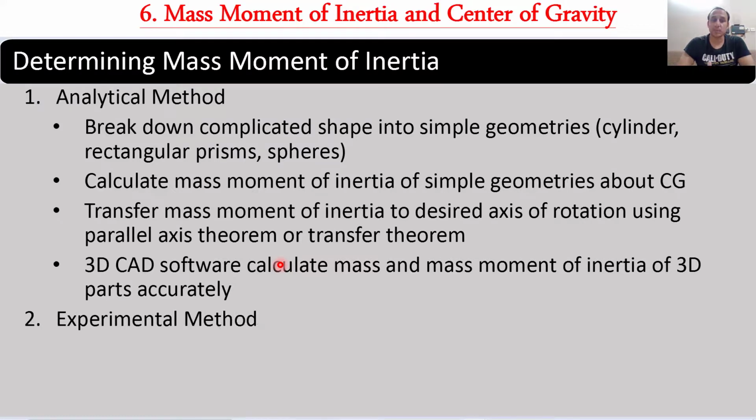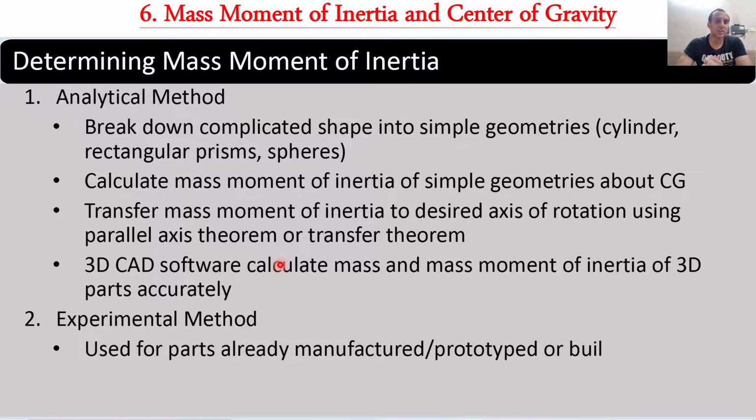There is another method, which is the experimental method, and to use it there is a mandatory condition: the physical part or the prototype should be available. Only if you have the physical part can you use this method. There are a lot of steps involved in calculating the mass moment of inertia using the experimental method.